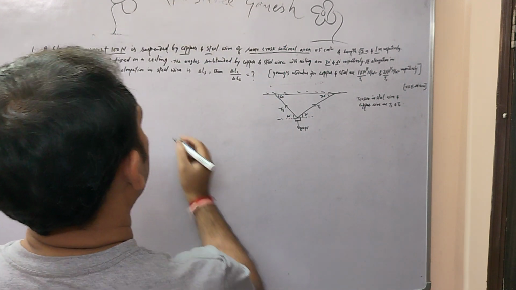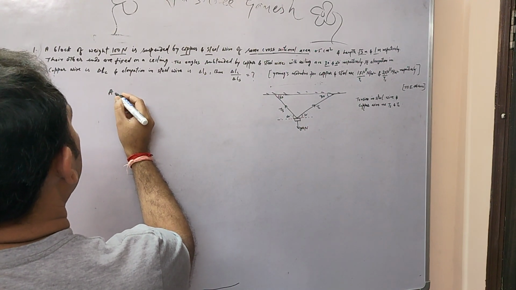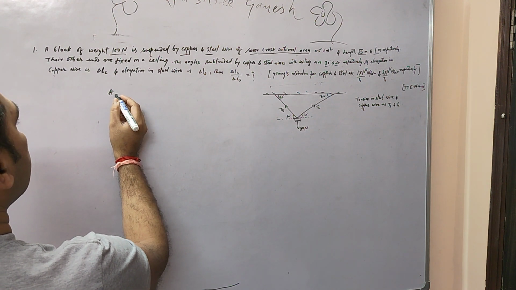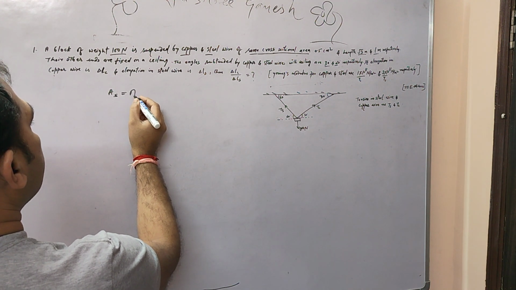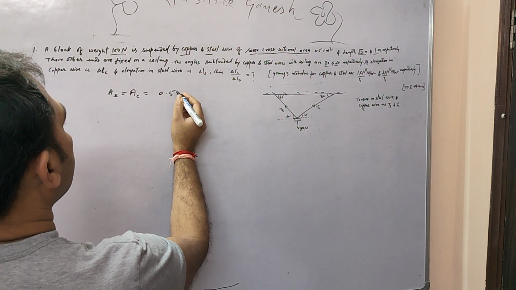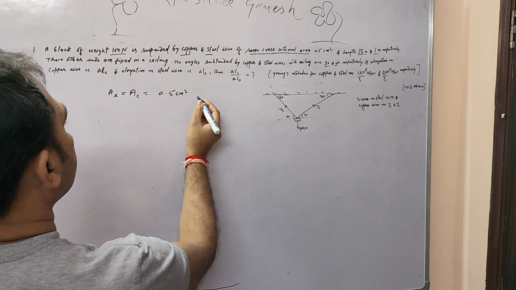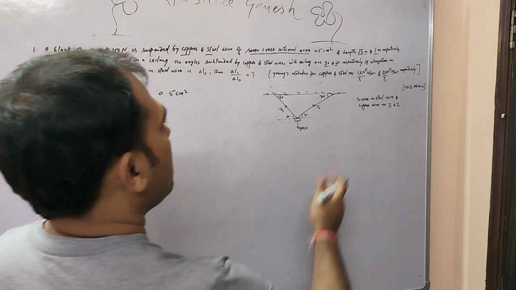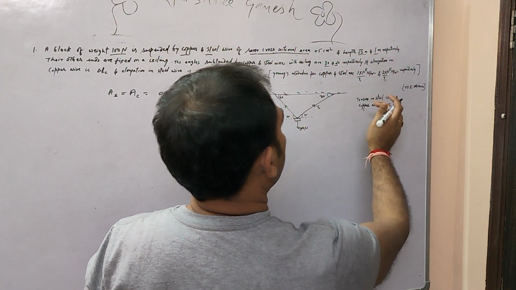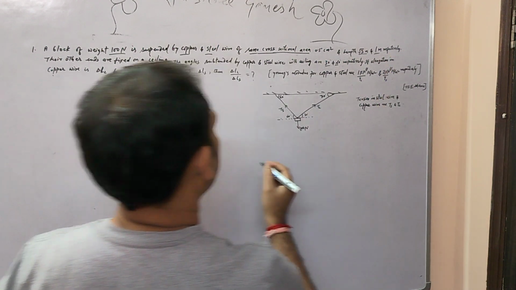So A1 here given is AS is equal to AC is equal to 0.5 centimeter square. Length root 3 m and 1 meter respectively.